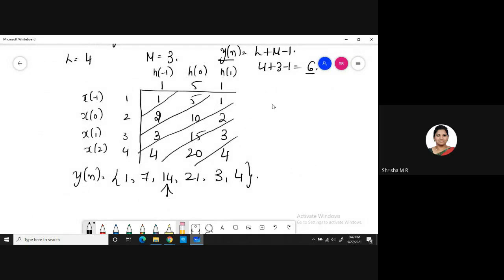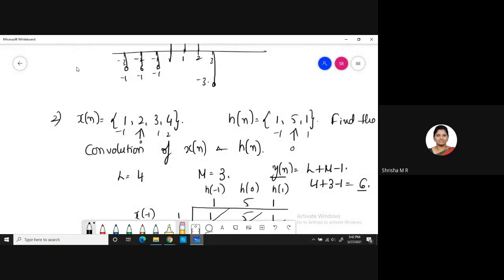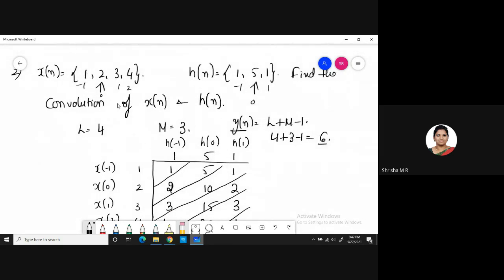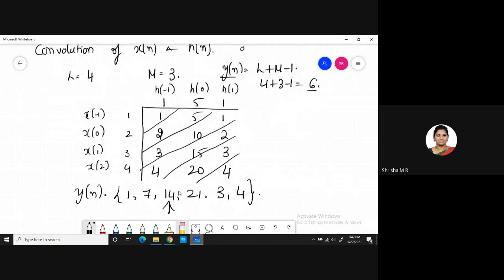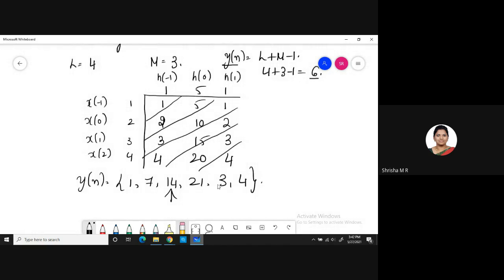It is at 14 because to the left of 0 in h of n you have 1 value, and to the left of 0 in x of n also you have 1 value. So 1 plus 1 is 2, so after 2 values you will have the origin. To the right of 0 you will have 3 values. So this is at n equal to 0.